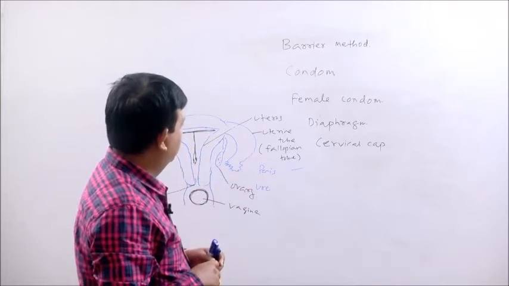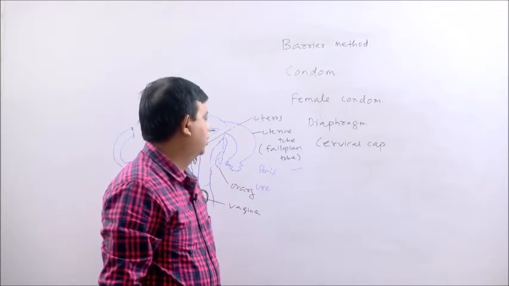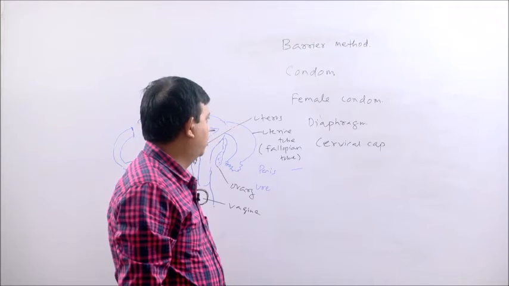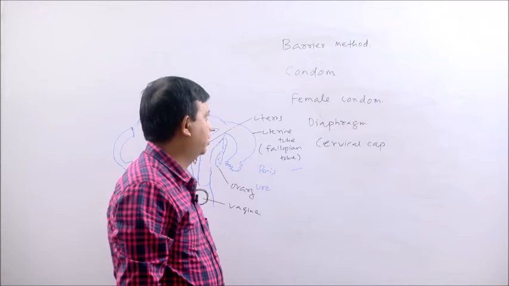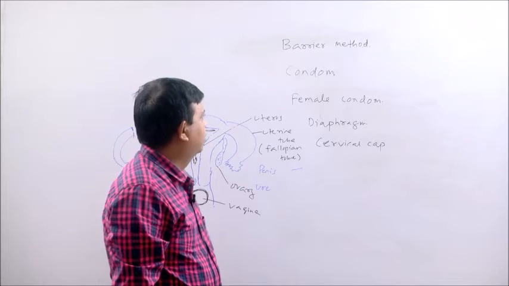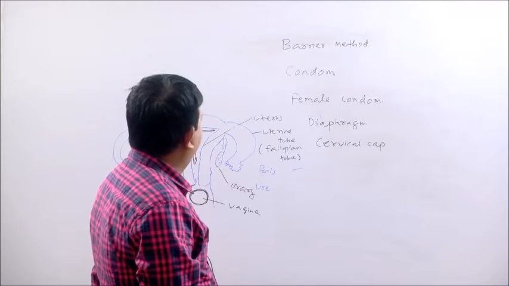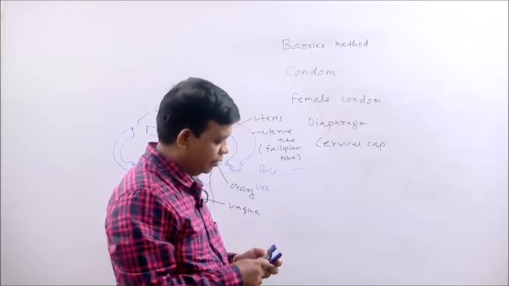So these are used as barrier methods: condom, that is male condom, then female condom, diaphragm and cervical cap. This condom is a balloon-like structure made of latex.